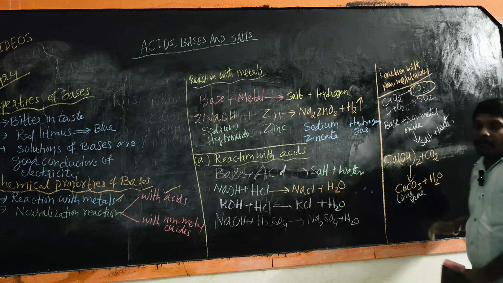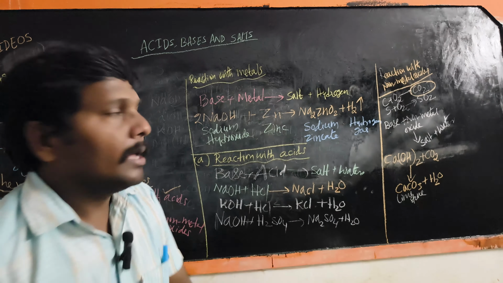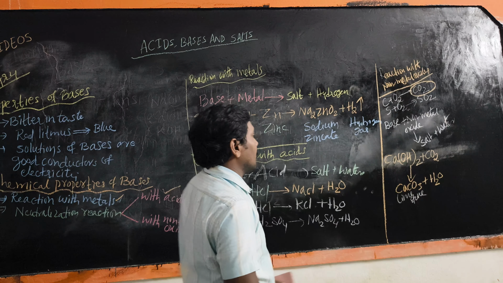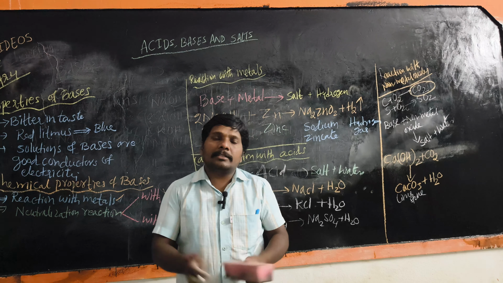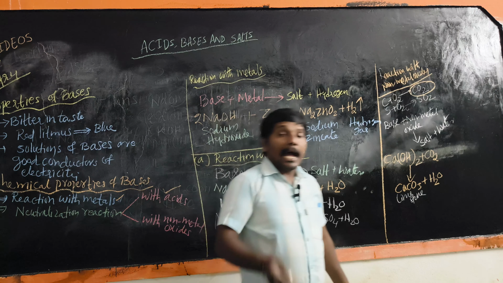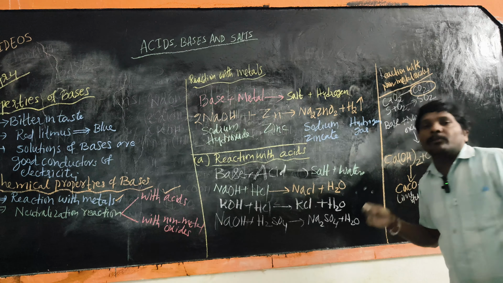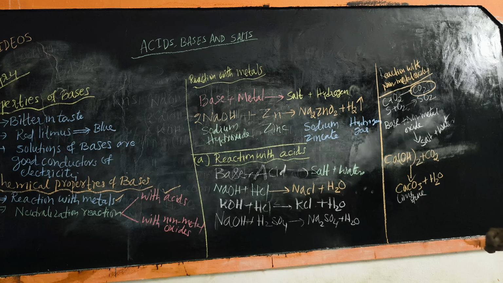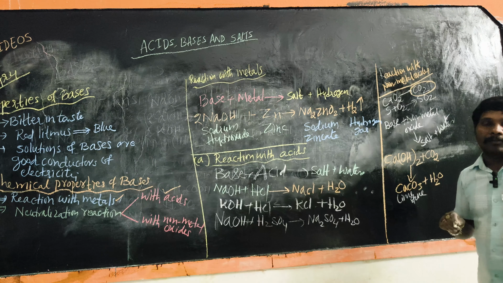So when carbon dioxide, a non-metal oxide, reacts with calcium hydroxide, a base, that means when carbon dioxide is passed through lime water, as we know very well, the lime water turns milky white, and an insoluble substance is formed in water.